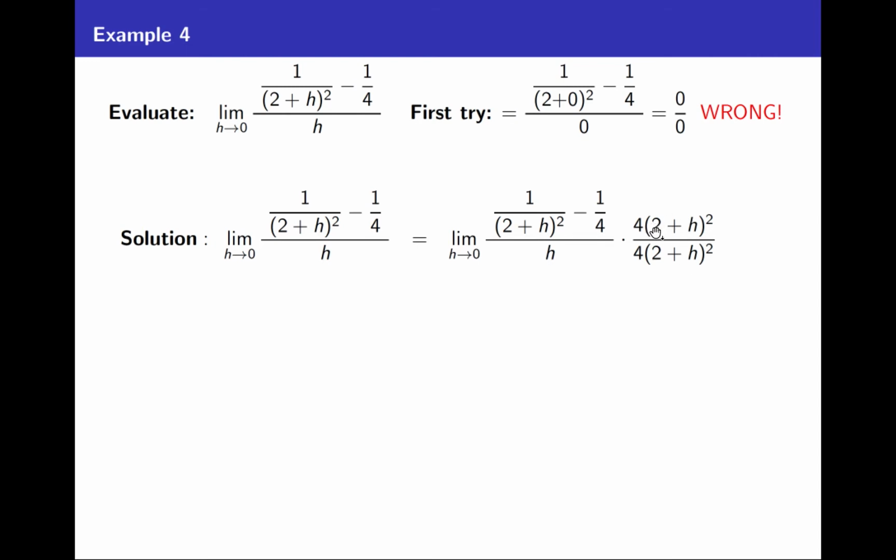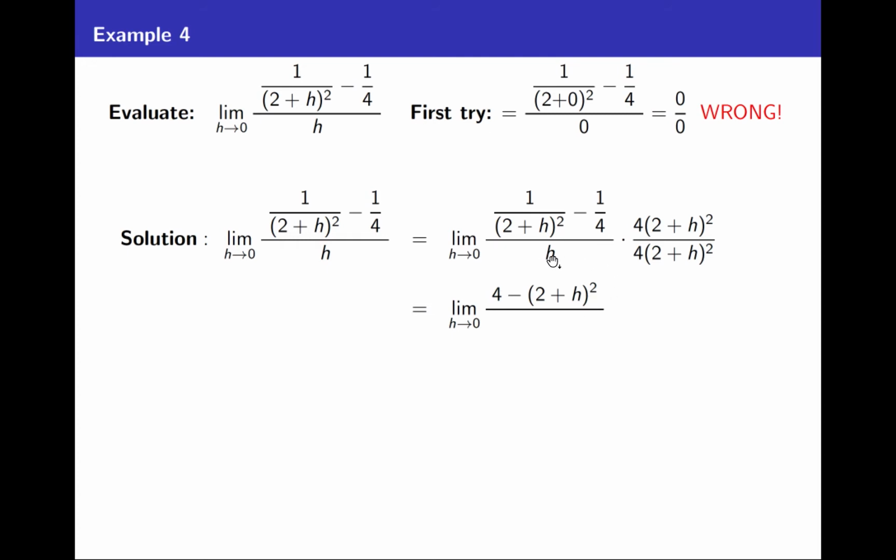Now let's distribute that into the numerator and also multiply the two denominators to simplify this. Working the numerator through, the 4 times (2 plus h) squared times the 1 over (2 plus h) squared is just a 4. And then the 4 times (2 plus h) squared times the negative 1/4 is minus (2 plus h) squared.